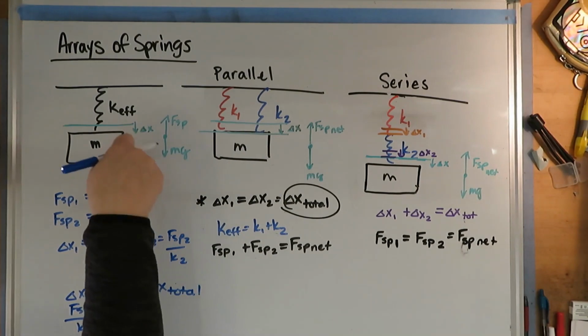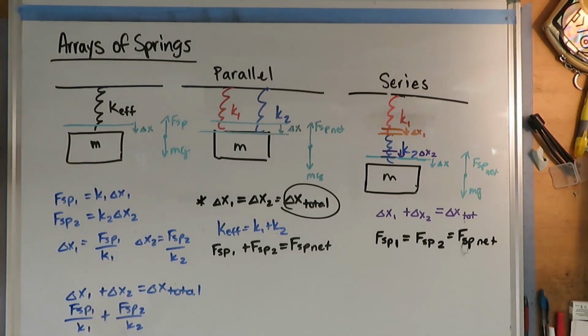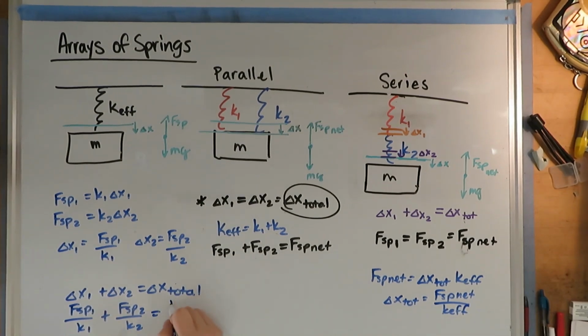And then if I come back over here to my definition of K effective, I know that FSP net, in our case, is going to need to equal delta X total times K effective. Okay, that's just our definition over here. So our delta X total times K effective tells us that delta X total is going to be our FSP net over K effective. So I can sub that in over here.